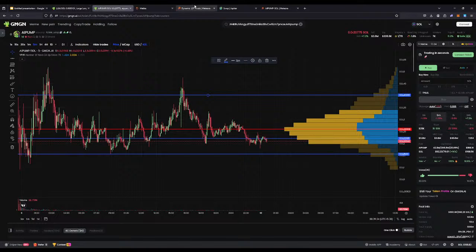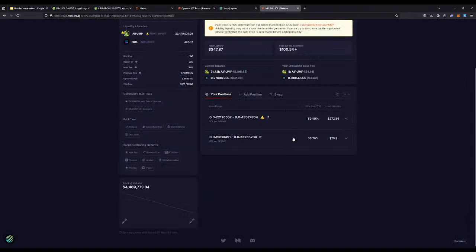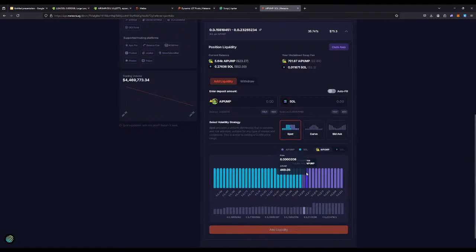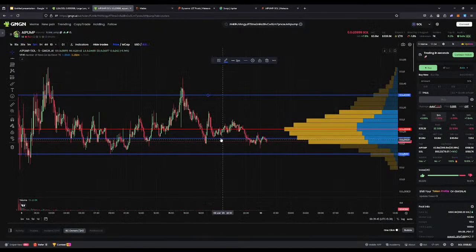And then I have a second position which is currently open and active right now, and this is a pure spot, nothing else. The range where I've added this is basically from this point to this point. So right now, since the price is here, all this liquidity is inactive.